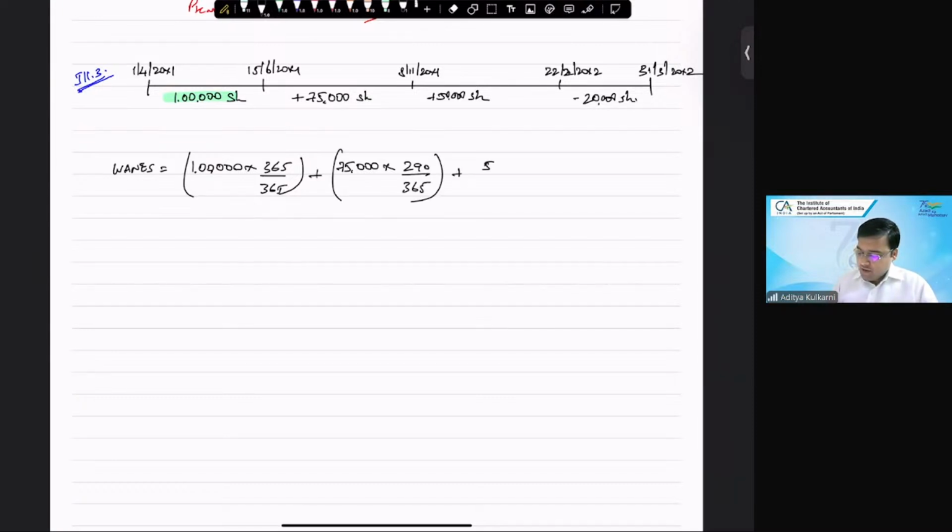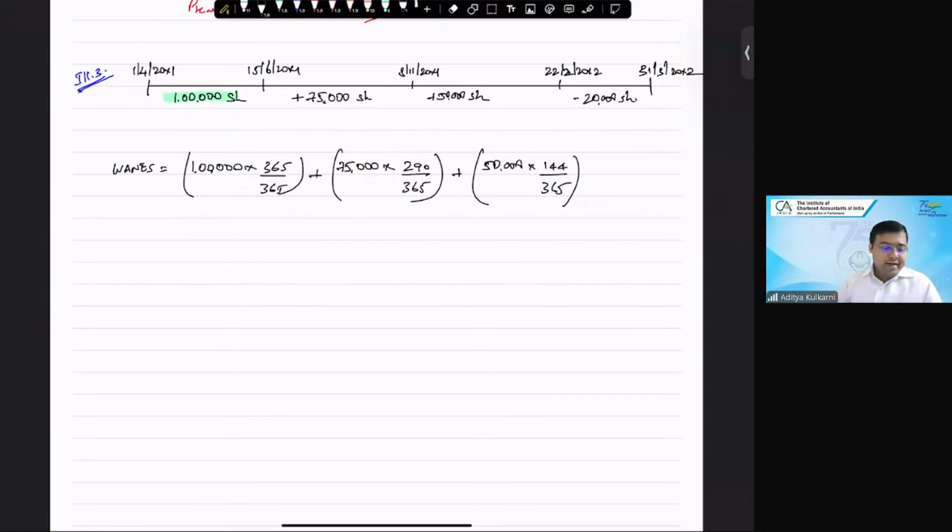Another 50,000 shares came to be added. And these were there for how many days? 144 days. Did everyone get 144 days? Okay, fine. So 144.